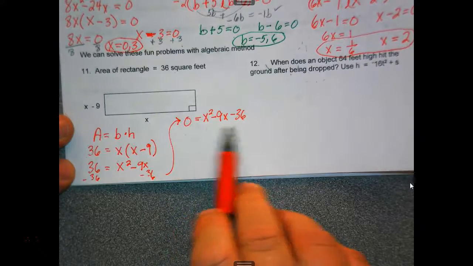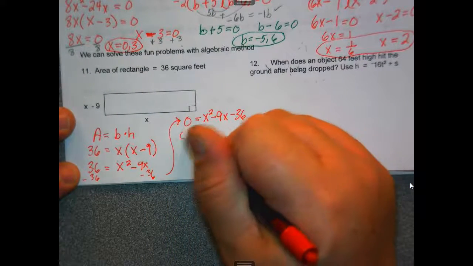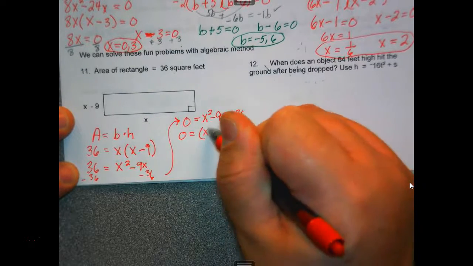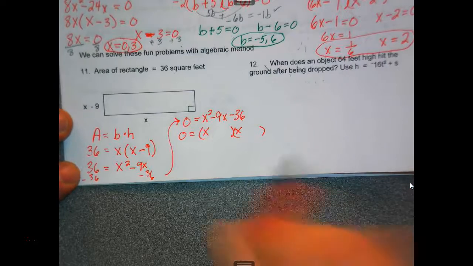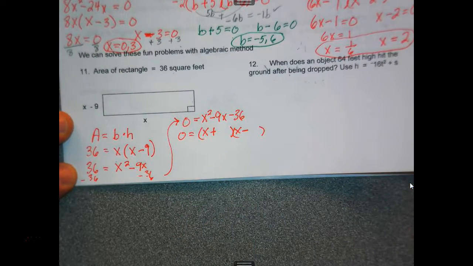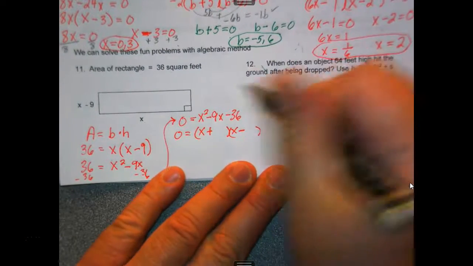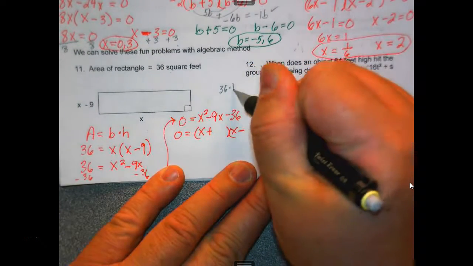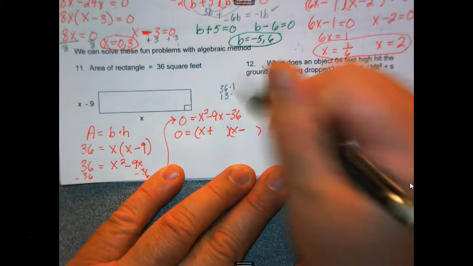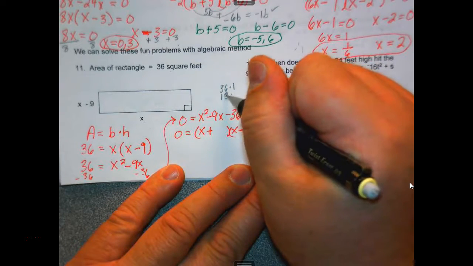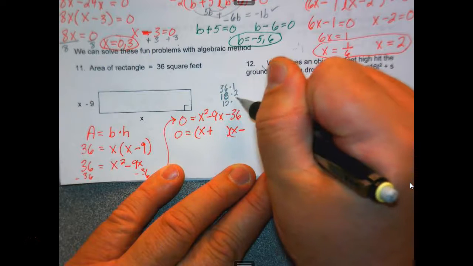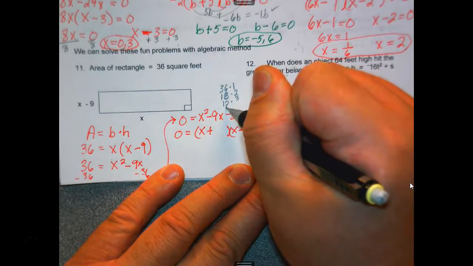I can't take anything out, so I reverse FOIL. x times x. This is a minus sign, so one's plus, one's minus. Factors of 36. 36 times 1. 18 times 2. 3 times 12. 4 times 9.